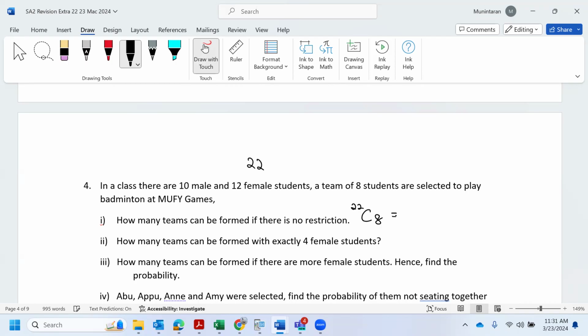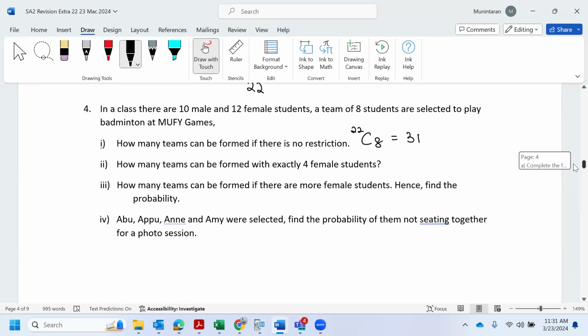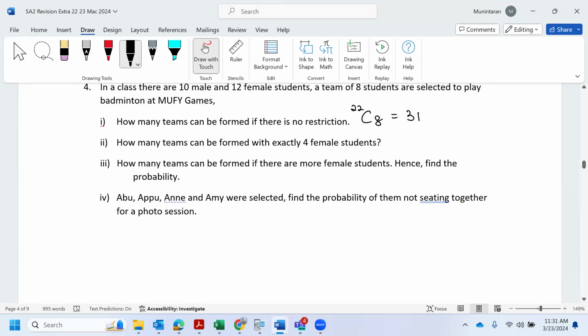So in this case, you're going to do 22C8. How many teams? By right, it should be the number of teams.